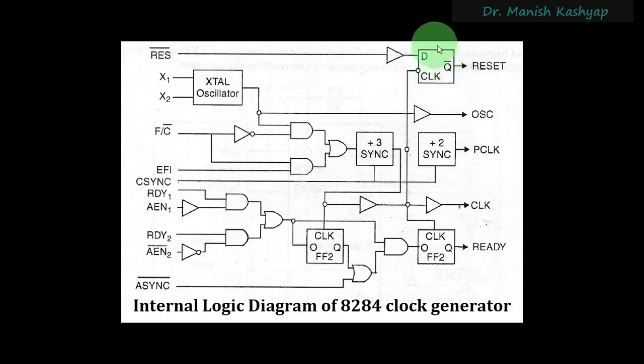If you see this circuit of the D flip-flop, it will be triggered at the negative pulse. It will be triggered at the negative pulse, meaning when we make a transition from 1 to 0, only in that case can this D flip-flop be triggered and this reset signal be activated. That is true, but the 8086 microprocessor is such that it will sample this output, it will look for this reset output, at the positive edge of the clock.